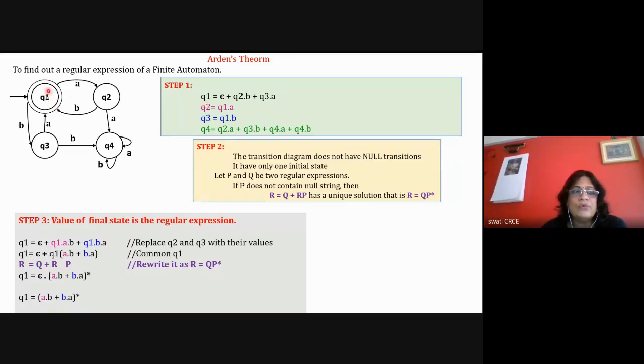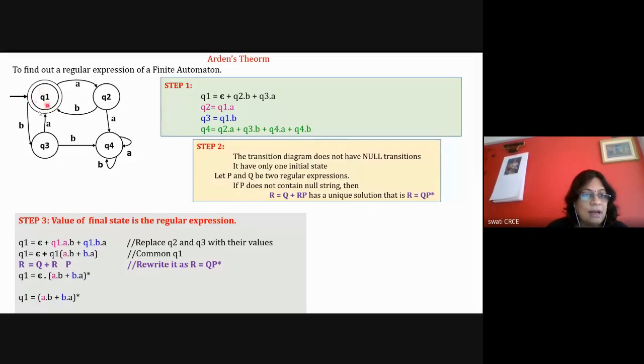Here you need to consider all the incoming transitions. Note down in your notes that in step 1 you consider only incoming transitions for a state.